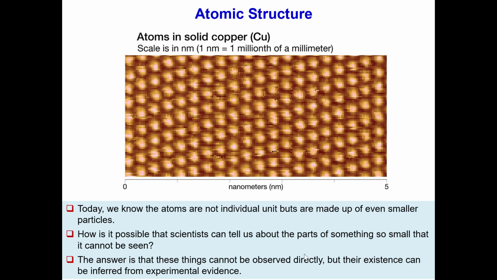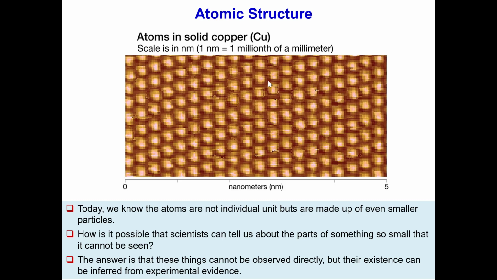Today we know the atoms are not individual units, but are made of even smaller particles. In this picture we have a real image of the atoms of copper. Today we are able to see the atoms, even if we are not able to see the protons, neutrons, or electrons.